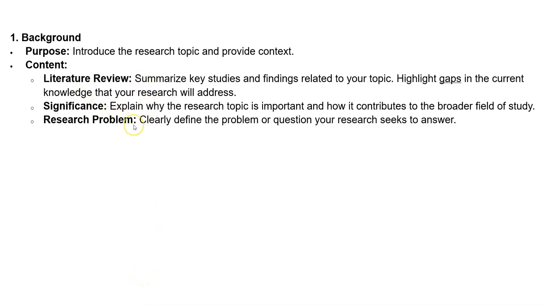So the background, again, is similar to a literature review: some of the studies, key findings, and highlighting some of the gaps in the current knowledge. You should also clearly define how things are being studied, especially if you're going to use similar tools or techniques in your proposed work.